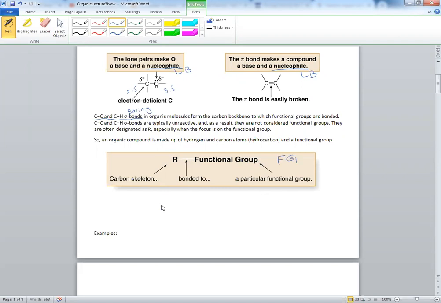So again, the boring part, the exciting part. Now, that's not to say that these carbon skeletons are not important. Didn't say anything about that. Of course, they're still important because structure determines reactivity. That can actually have an effect on the reactivity of the functional group, even solubility.